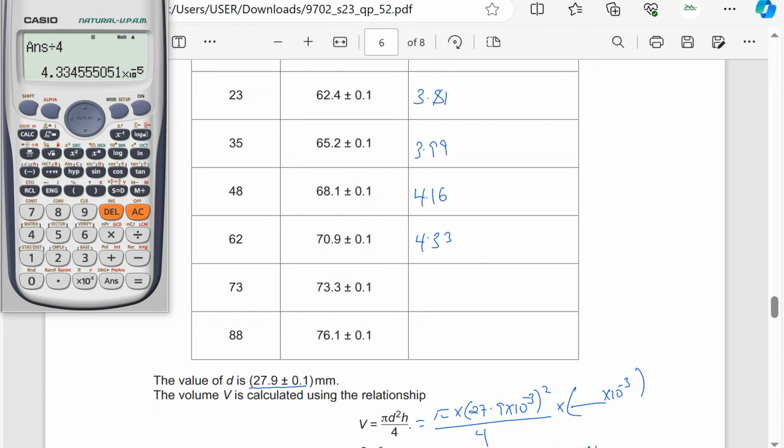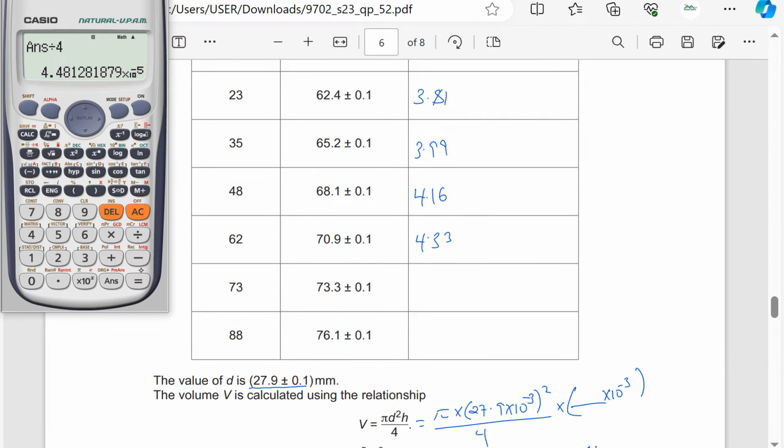The next one is pi into (27.9 exponent minus 3) squared, times 73.3 exponent minus 3 divided by 4.